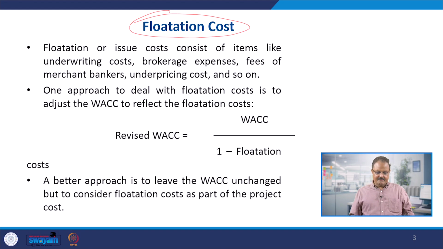We will discuss it from the standpoint of an existing firm, for example a project being launched by an existing firm. They also have retained earnings. They can divert retained earnings from their own business to the newly set up project, and they can have external equity, preference capital, and debt capital also.